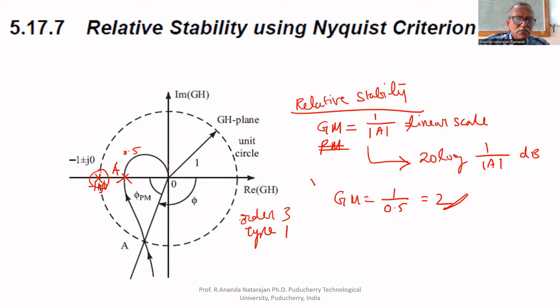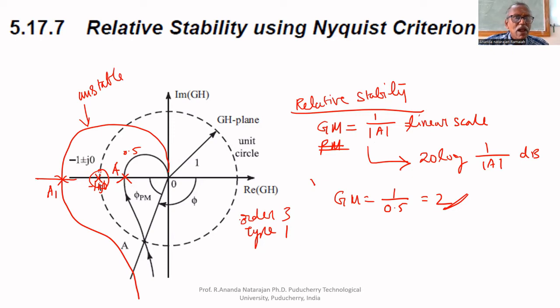Suppose this plot goes like this. Here it intersects at A1. Here the system is unstable because it encircles -1, since P equal to 0. Therefore, here, what is the gain margin?